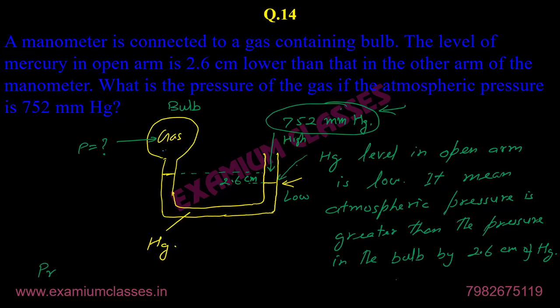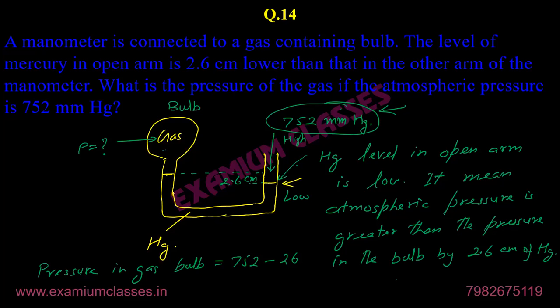So the pressure in gas bulb will be less than the atmospheric pressure by 2.6 centimeter, but I will write 26 millimeter because the pressure is given in millimeter. So I'll convert 2.6 centimeter of Hg to 26 millimeter of Hg.